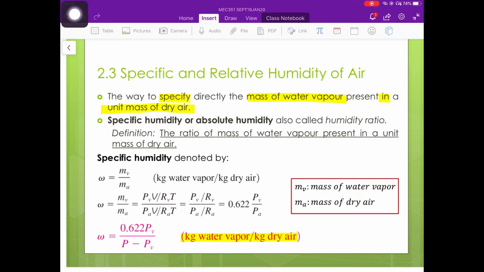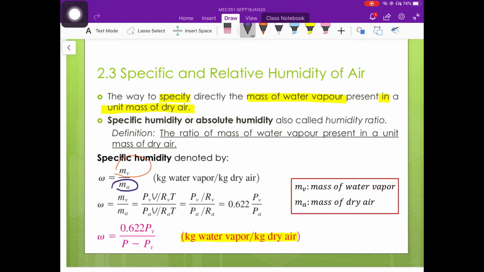The specific humidity is the ratio of the mass of water vapor present in a unit mass of dry air. Again, the ratio of water vapor mass over mass of the dry air. The symbol for specific humidity is omega.